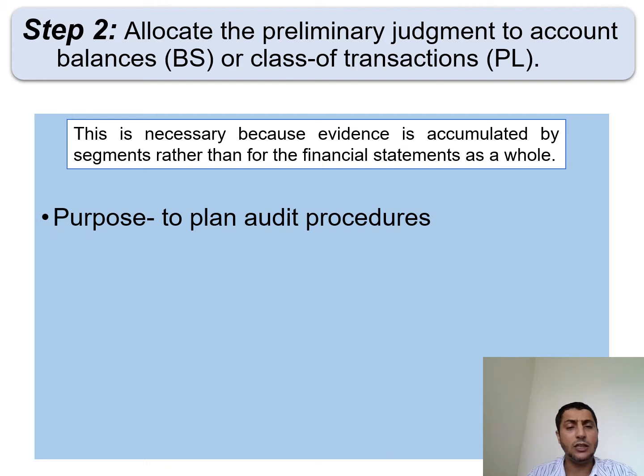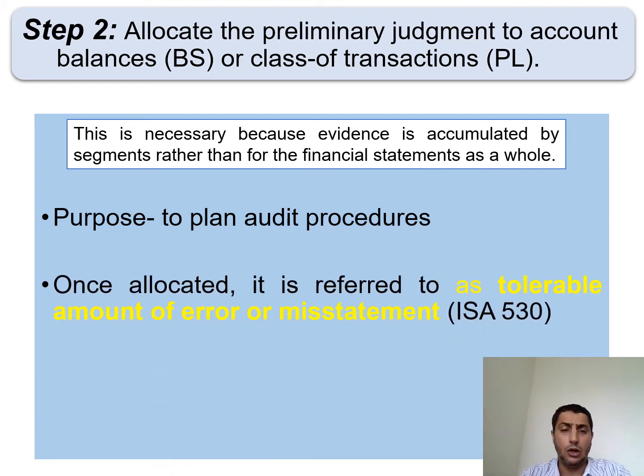The purpose of it is about planning, because step 1 and 2 are still in the planning stage. Once we allocate the amount into the balances or classes of transactions, we didn't call it preliminary judgment, we refer to it as tolerable misstatement, based on ISA 530.